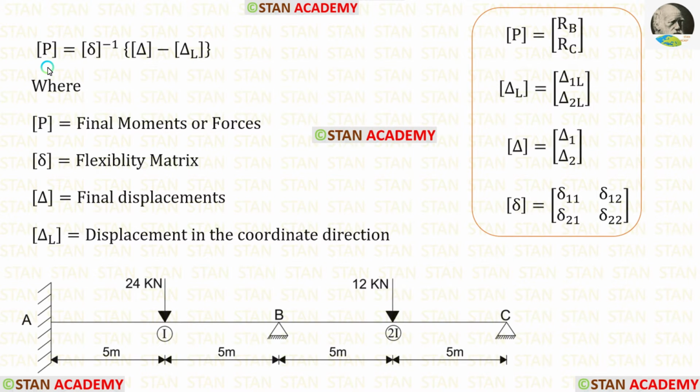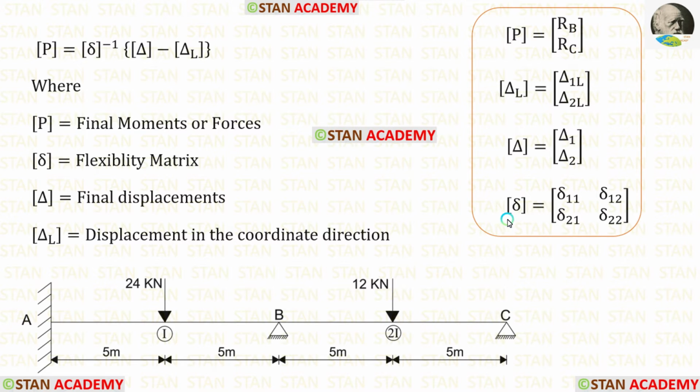Let us see the formula to find the reactions. P matrix is equal to delta matrix inverse into delta matrix minus delta L matrix. Inside the P matrix, delta L matrix and delta matrix, there will be two values because in this analysis we have two coordinates.